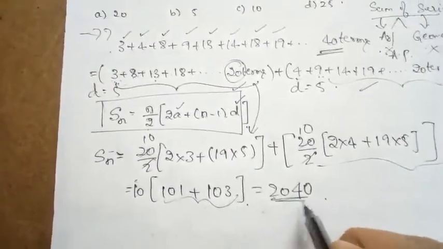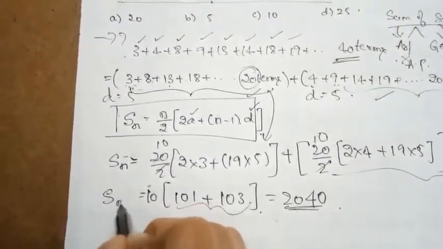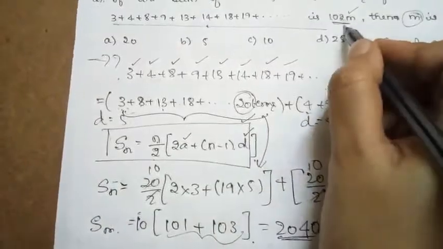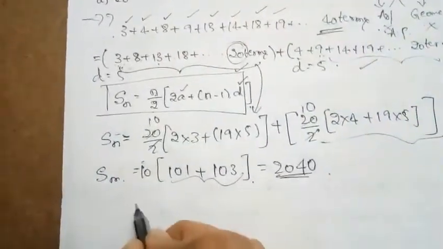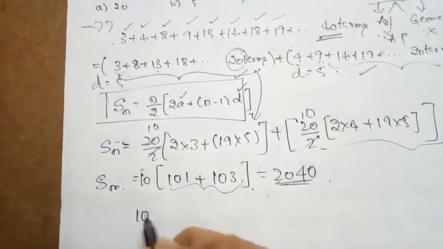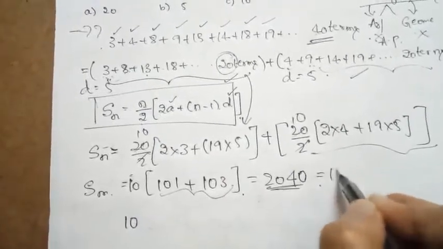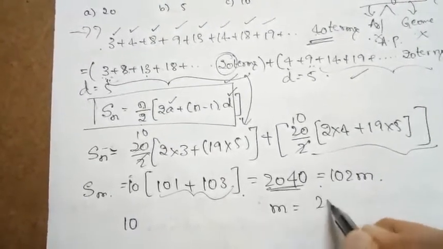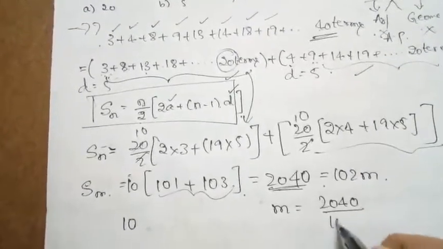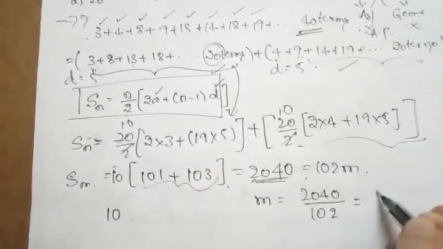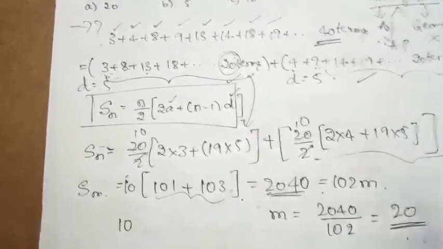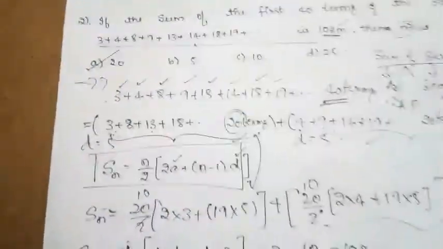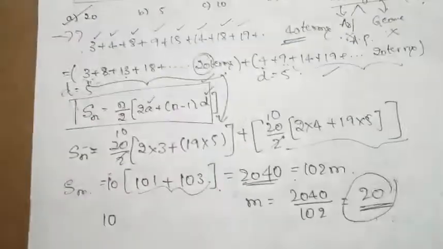So you got the sum here, that is Sn. But what they have said is Sn is equal to 102m. So this value is equal to 102m. Now what is the value of m? It is nothing but 2040 divided by 102, which is 20. So clearly our answer is 20 without any hesitation.